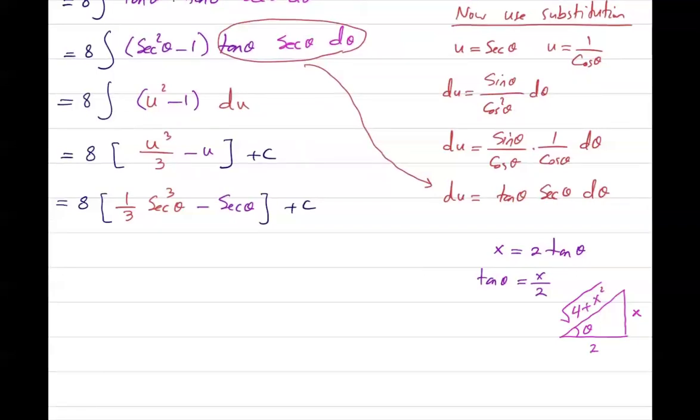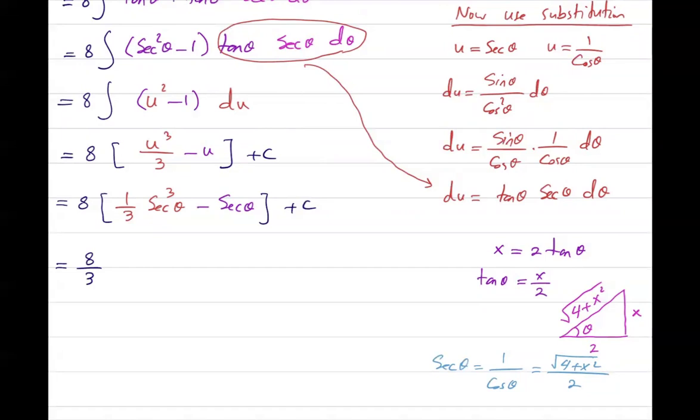So if I want to write secant, which is 1 over cosine, secant of theta, which is 1 over cosine of theta, is equal to the square root of 4 plus x squared divided by 2. Perfect. So my integral is now a third secant to the third.